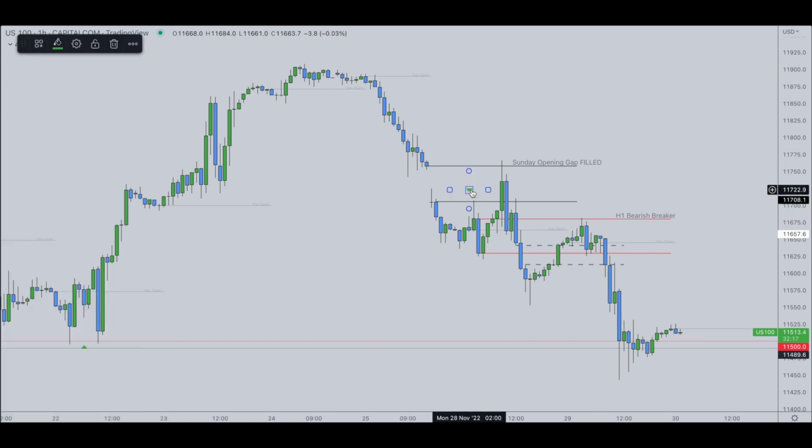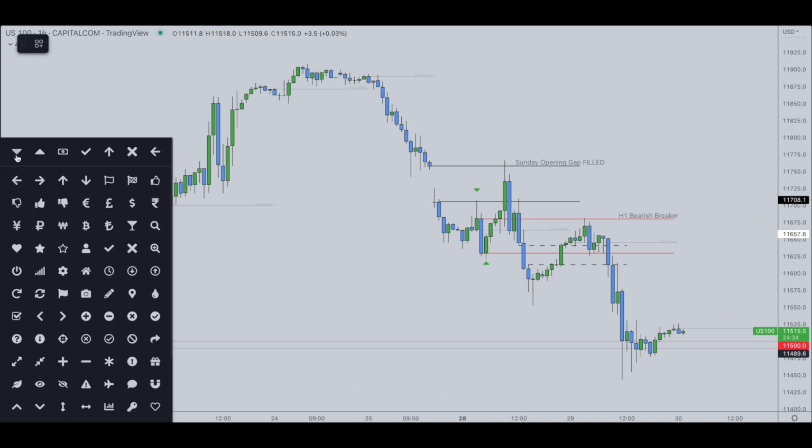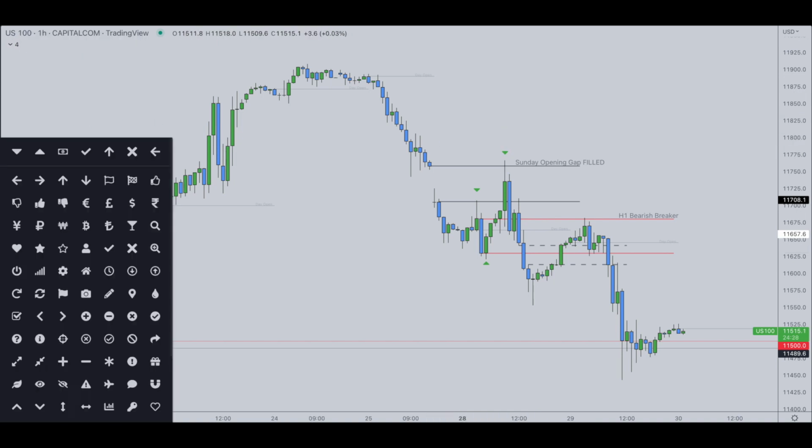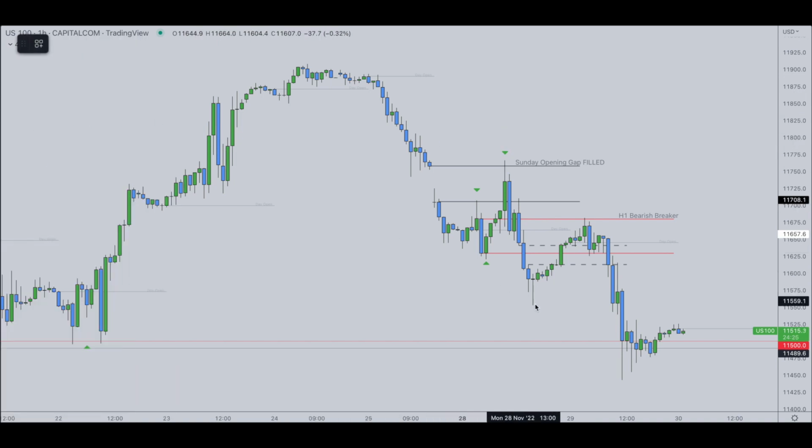Step number 2 is that key swing high. Low hanging fruit entries. Step number 3, key swing low. This is step number 4, that second swing high. This is step number 5, that lower low.